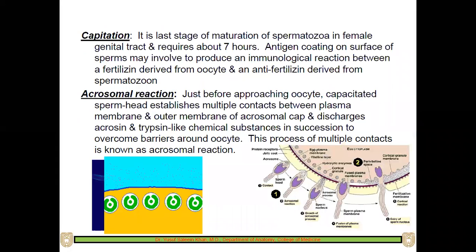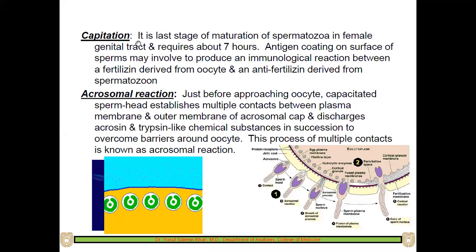So what are these two, capacitation and acrosomal reaction? The first, capacitation, is the last stage of maturation of the spermatozoa. Even though the sperm is maturing in the male reproductive system, the final maturation of the sperm takes place in the female genital tract, by the process called capacitation.